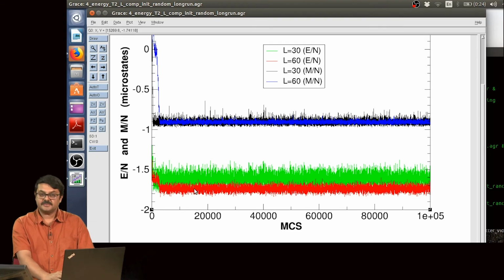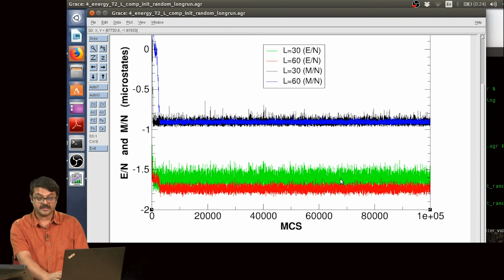For the energy, we see that the green for L equal to 30 is fluctuating about a mean up to 1 lakh MCS at around 1.6, and definitely for the bigger lattice size L equal to 60, which is this red data, it is fluctuating around say 1.7 or 1.75.